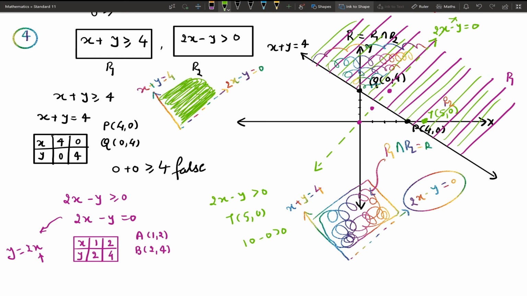So either this or this, both are the same; only for better understanding I have denoted it separately. So the common portion R1 intersection R2 is R. This is the solution represented by the two inequalities, x plus y greater than or equal to 4 and 2x minus y greater than or equal to 0.